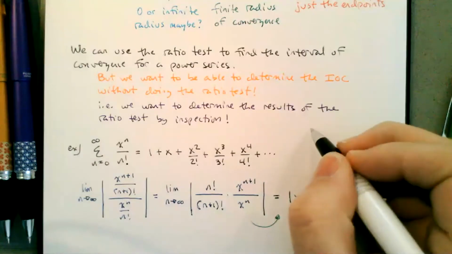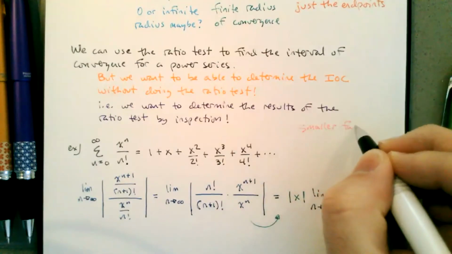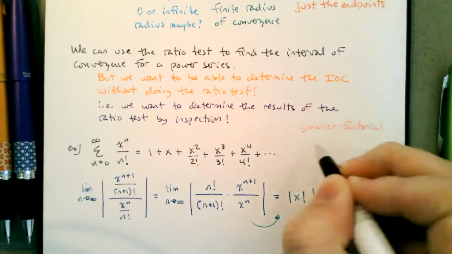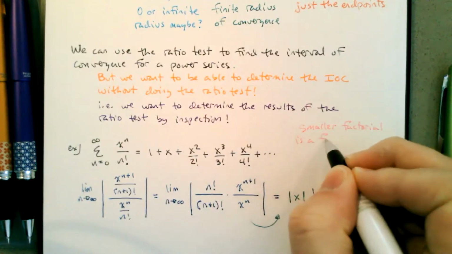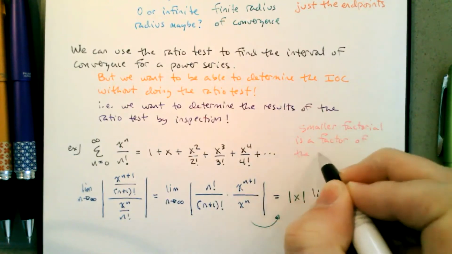So the smaller factorial is a factor of the larger factorial.